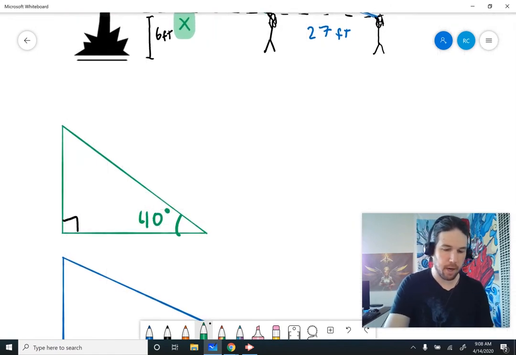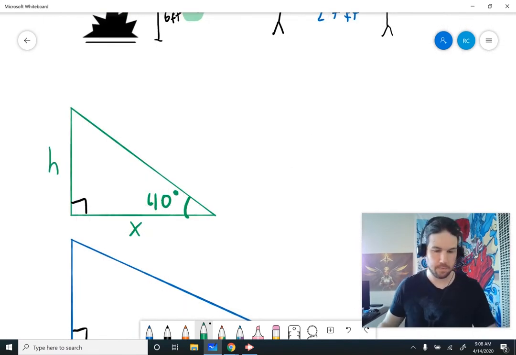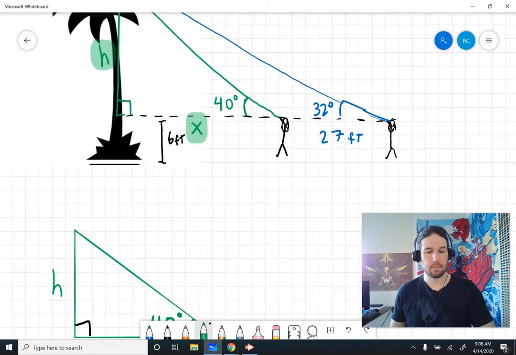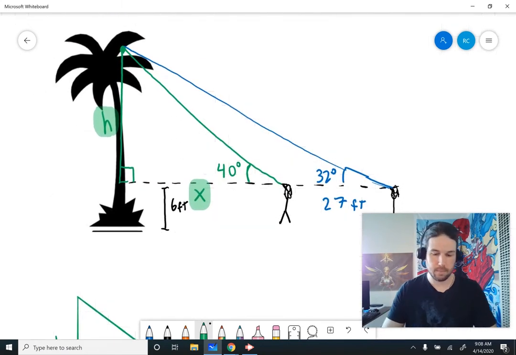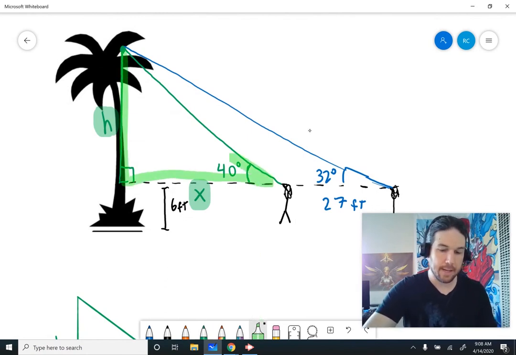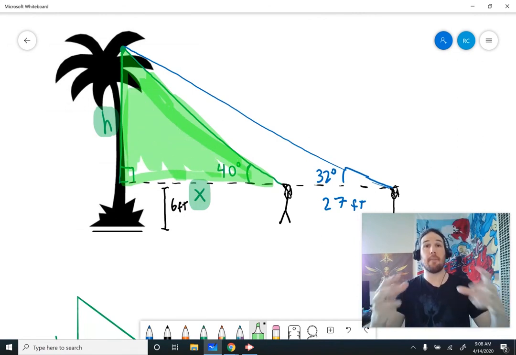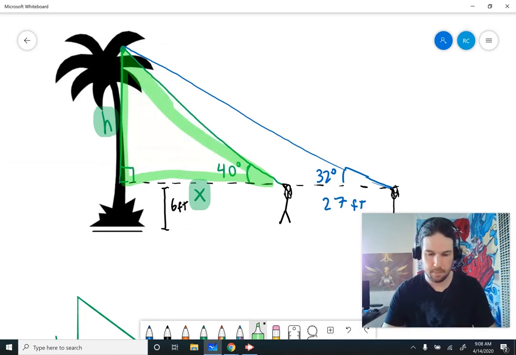And we're calling the bottom side X, and we're calling the height H. Okay? All I did was I took this triangle right here, and just like we did with similar triangles, I am extracting it from the diagram and making it its own separate thing so that it's easier to see.